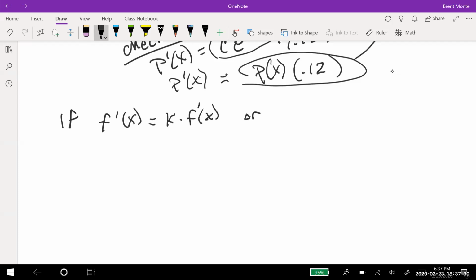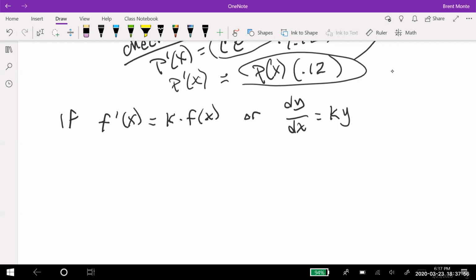Or if we put it in Leibniz notation, remember Leibniz is dy dx. So if we have the derivative of y equals k times y, because y equals f of x. I just meant to put f, because this f of x is the same as that y. So we're saying the same thing.